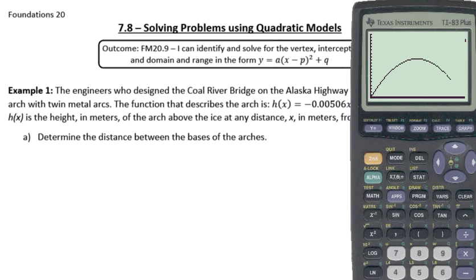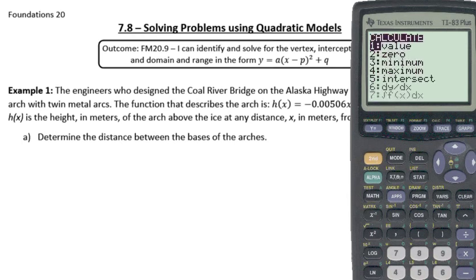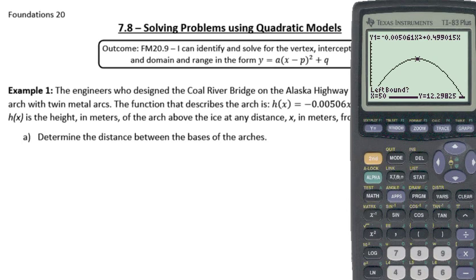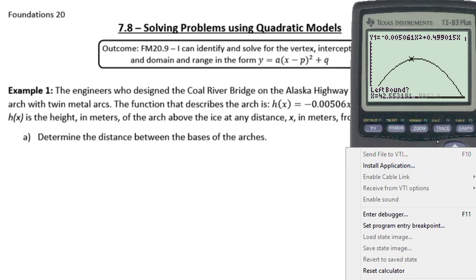Much better. Okay, so it says determine the distance between the bases of the arches. So what we'll need to find then is what our x-intercepts are and find the distance in between them. So those are our zeros or our roots. So second function, calculate, and we want our zeros. So I need to be left bound of my first one.